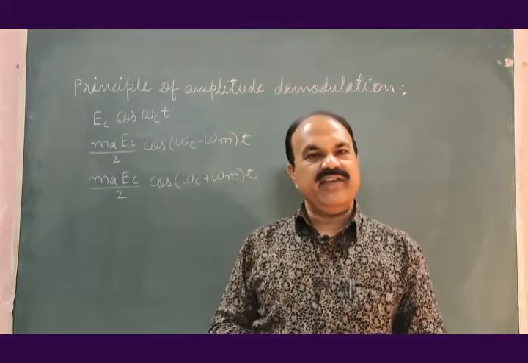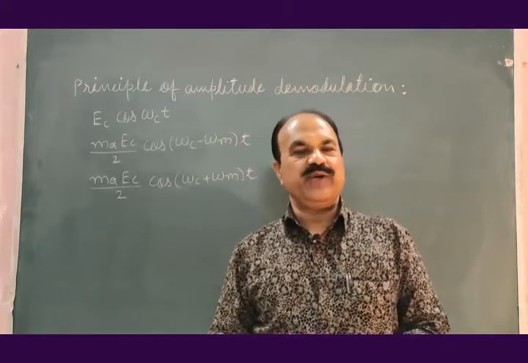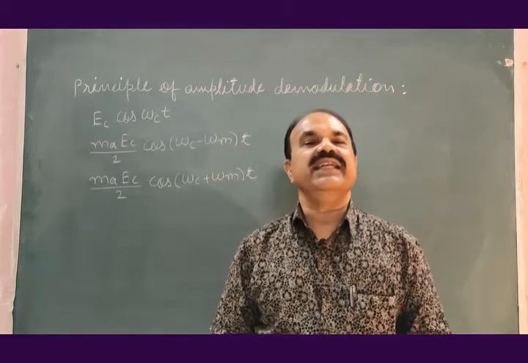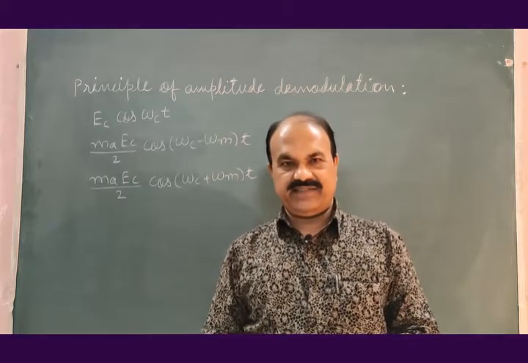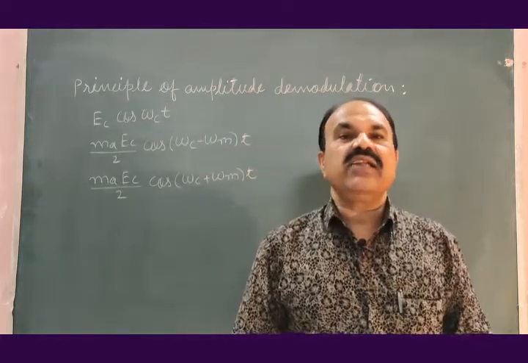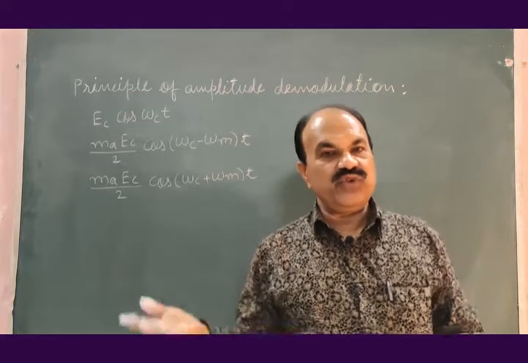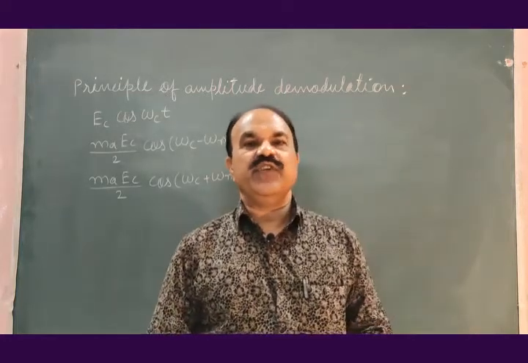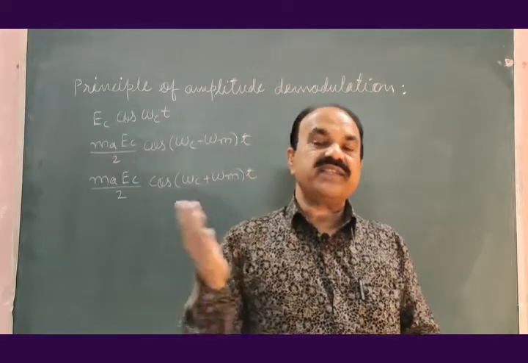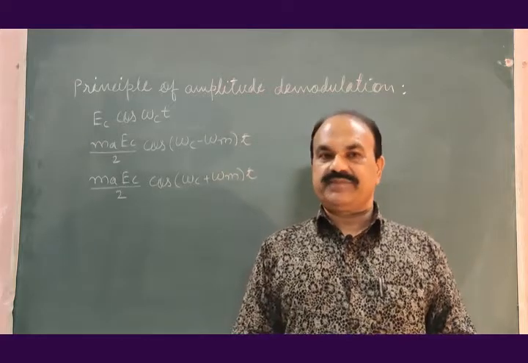One sideband will be automatically ignored, automatically deleted by the square law device. The rectifier diode is also a square law device. If you don't want to use a transistor at cutoff, you can use a diode as a square law device. The diode will do the same.